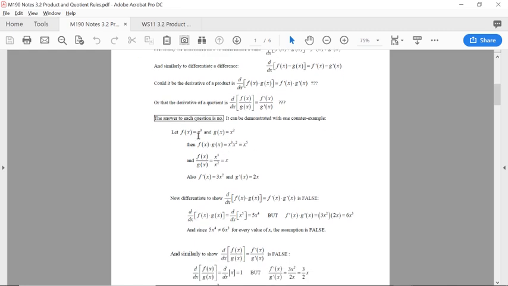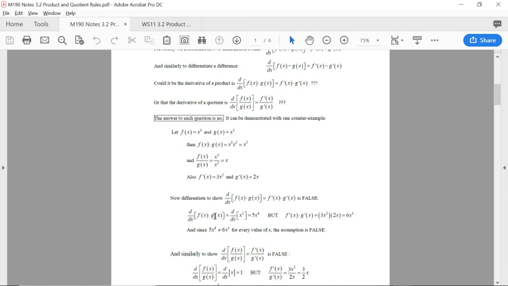Let's say f of x is x cubed and g of x is x squared. Our goal here is to find the derivative of the product of f of x and g of x. Well, one way we can do that is to multiply f of x and g of x together. That's what I'm doing right down here. f of x times g of x algebraically would be x to the fifth.